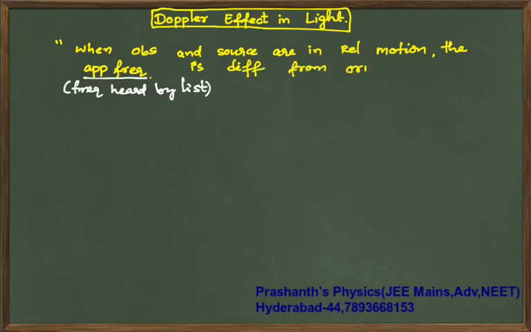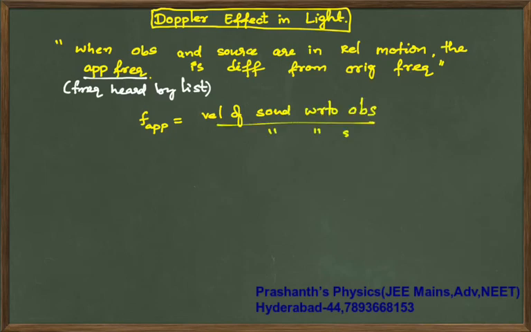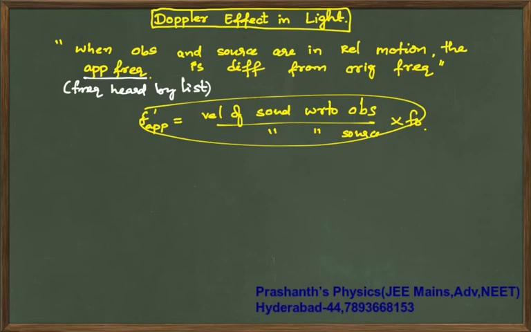For this we have seen the formula: apparent frequency is velocity of sound with respect to observer by velocity of sound with respect to source times f naught.